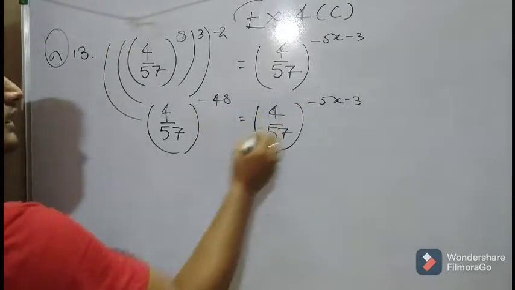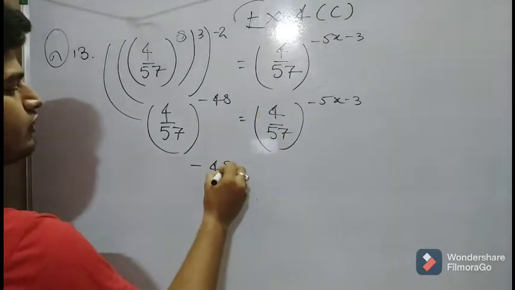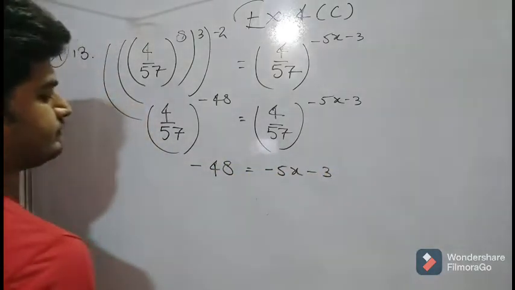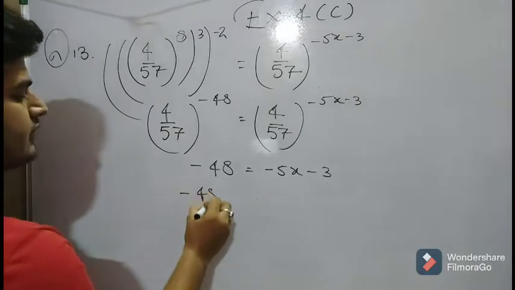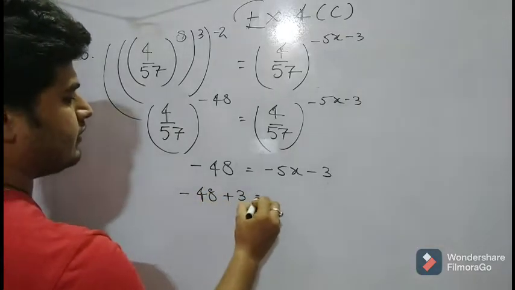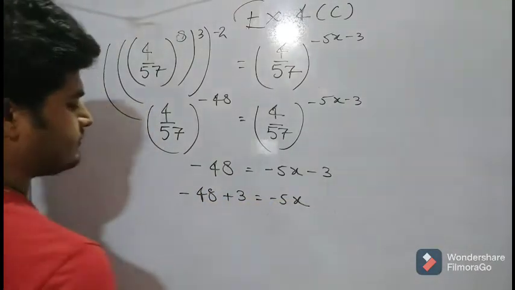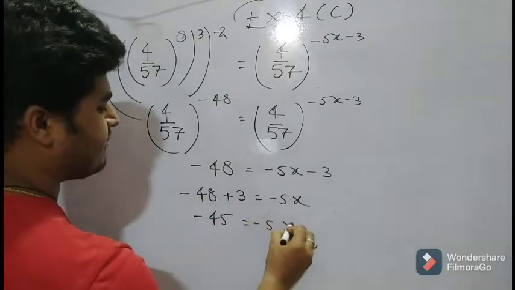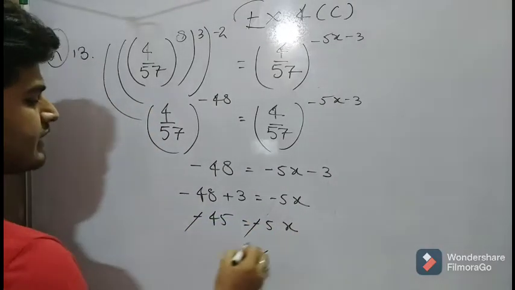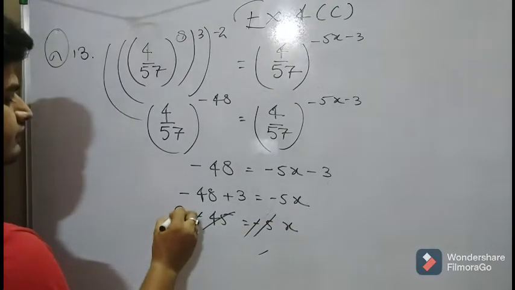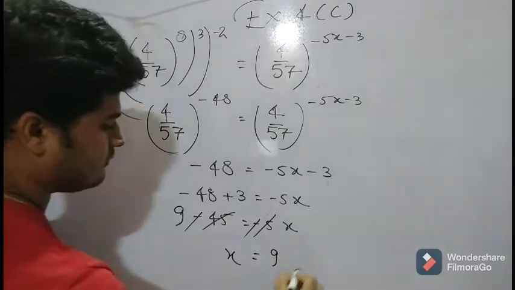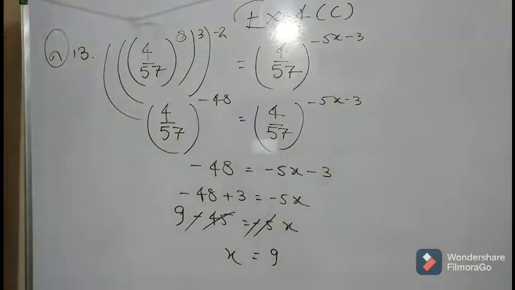So by comparing the powers, you can write minus 48 is equal to minus 5x minus 3. So minus 48 plus 3 is equal to minus 5x. So minus 45 is equal to minus 5x. The minus signs cancel, 5 cancels, 45, so x is equal to 9. Option C is correct.